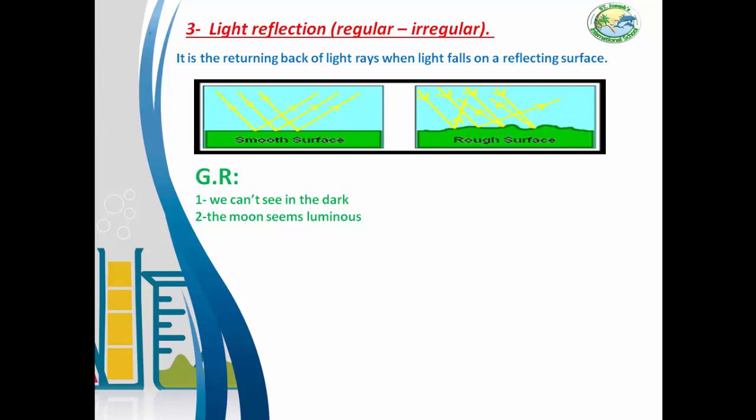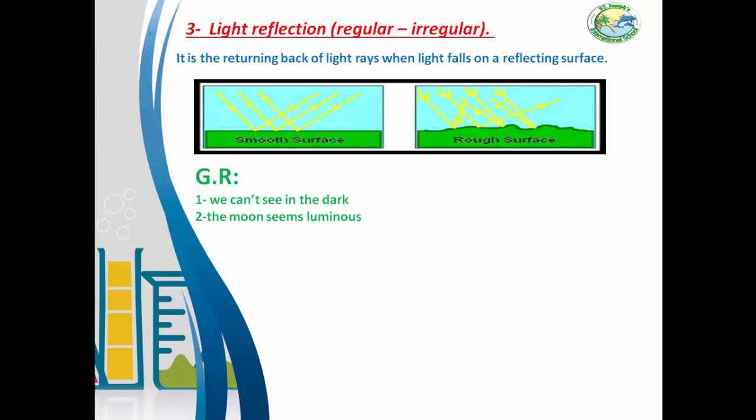We see it luminous because it reflects the sunlight. When the sunlight falls on the moon's surface, the moon reflects this light, so it appears luminous.